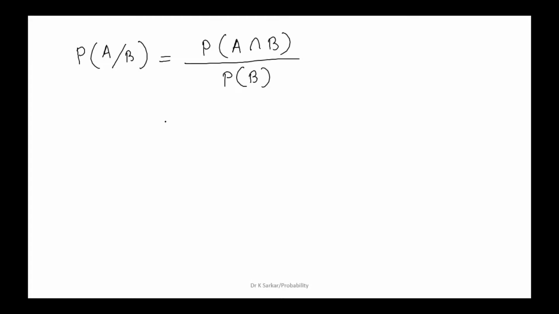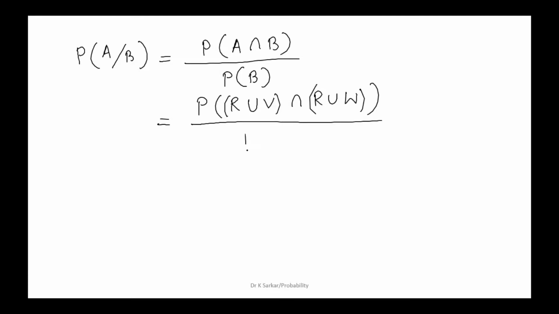We know the definition of conditional probability. Probability of A when B occurred is probability of A intersection B divided by probability of B. Now here A is R union V and B is R union W, divided by probability of R union W. Now let us find all of this.